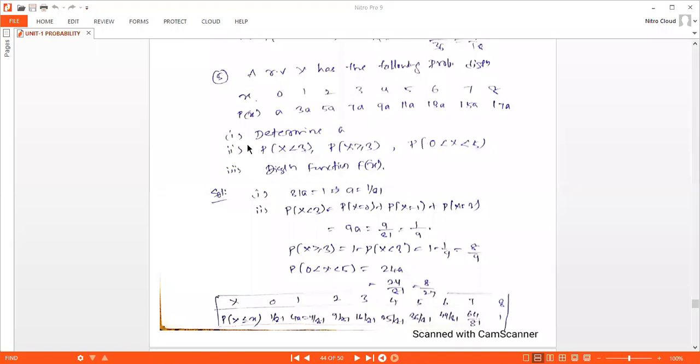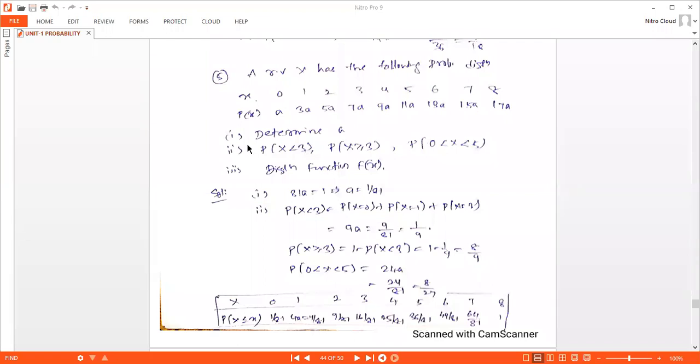Now coming to the next problem, probability of x greater than or equal to 3. Probability of x greater than or equal to 3 means probability of x equal to 3 plus 4, 5, 6, 7 plus probability of x equal to 8 we need to calculate.